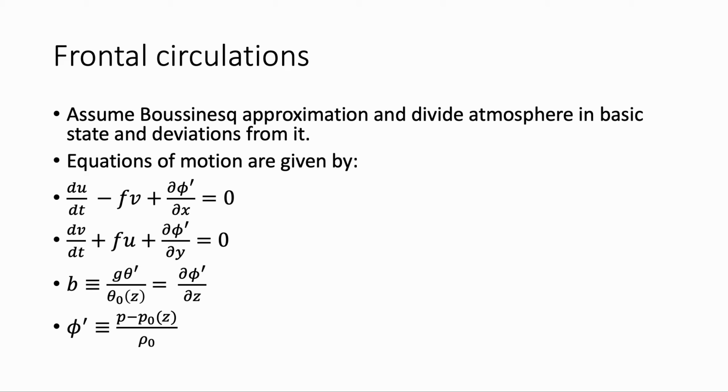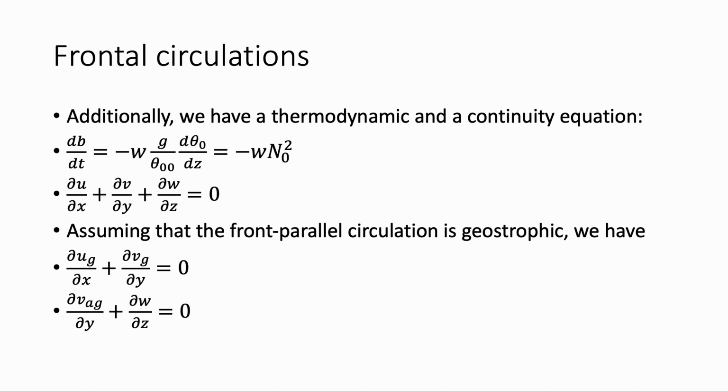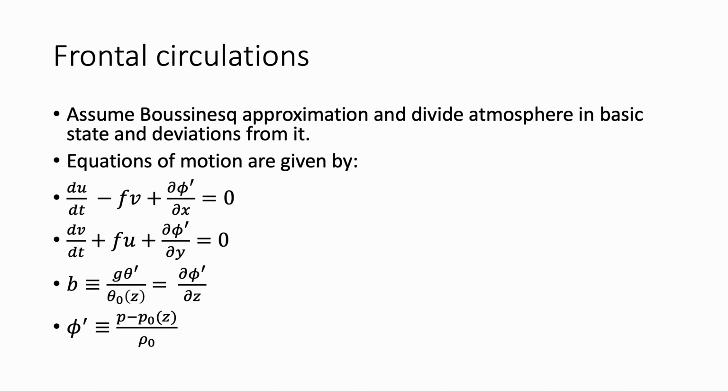And we're going to forget about friction, obviously. We're still going to be in a front-relative coordinate system, as we did before, so U is along the front and V is across the front. We're still going to define geostrophic wind in a similar way as before.